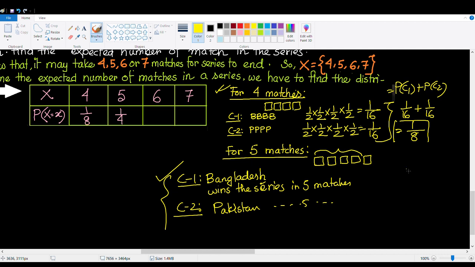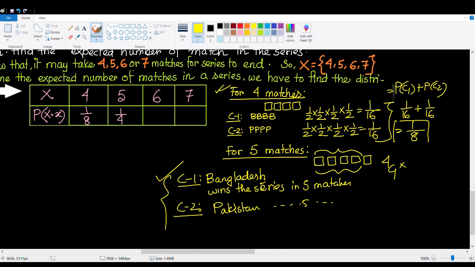So we are going to use the binomial distribution formula in a slightly improvised way. That is, we have to choose any one of the first 4 boxes where we want Bangladesh to lose. In other words, we want Pakistan to win in any of the 4 matches. Okay? So let's say we're going to choose 4C1 where we want Pakistan to win.